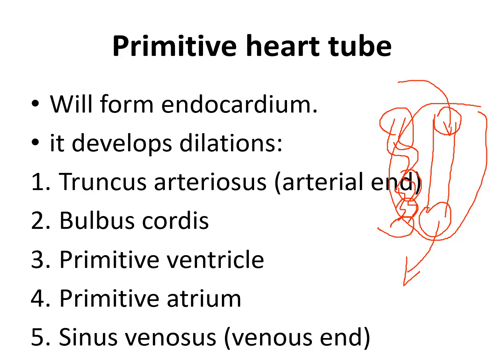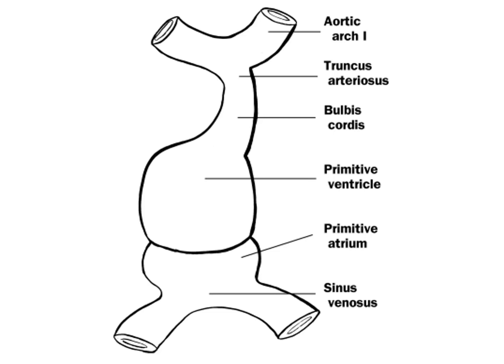This tube, why is it called primitive? Because this part will develop into atria and ventricle, so it is not an adult tube. The heart is not a tube, so this is why it is called primitive. So the heart will start as a tube, and this tube is primitive, and will give adult structures. Okay, this is the venous end, this part, and you can see that it is dilated.